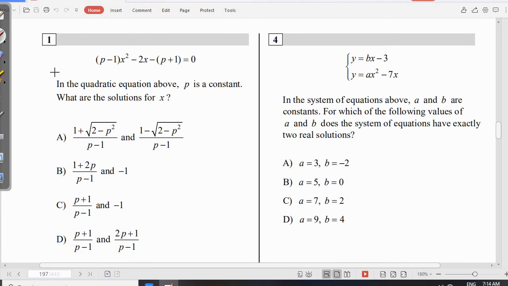So here we have question number 4. Y equals bx minus 3, y equals ax squared minus 7x. In the system of equations above, a and b are constants. For which of the following values of a and b does the system of equations have exactly two real solutions? If you have exactly two real solutions, then b squared minus 4ac should give you a positive number.